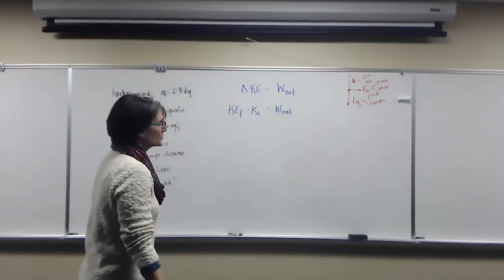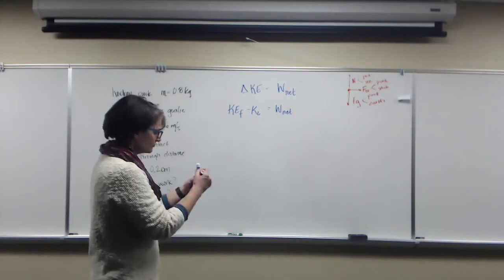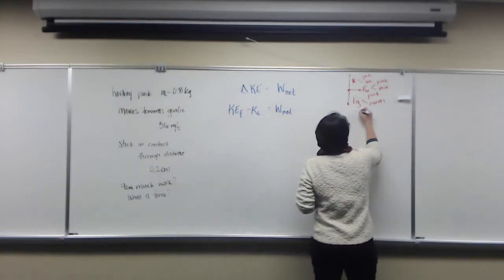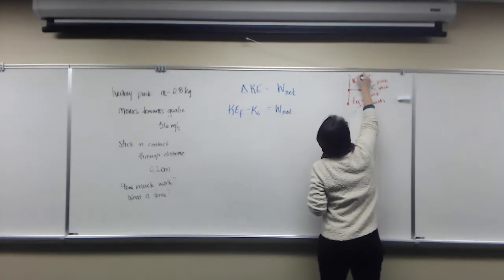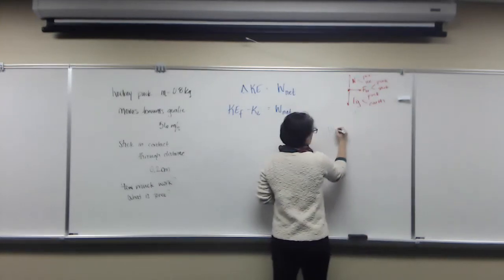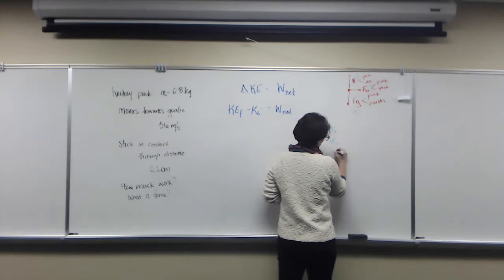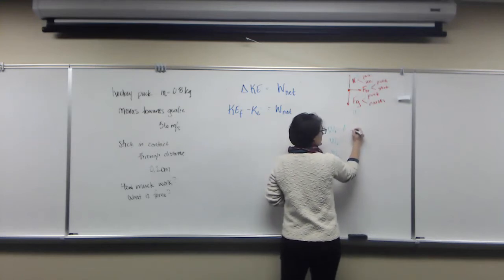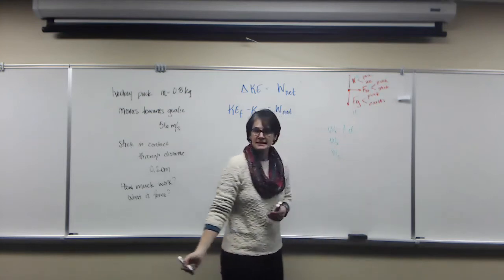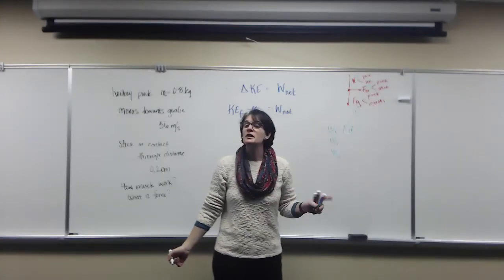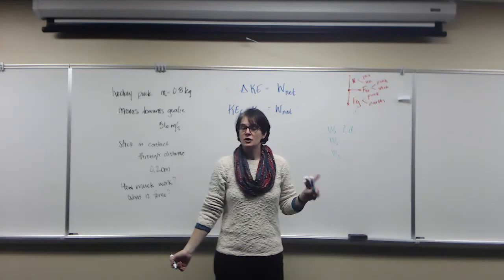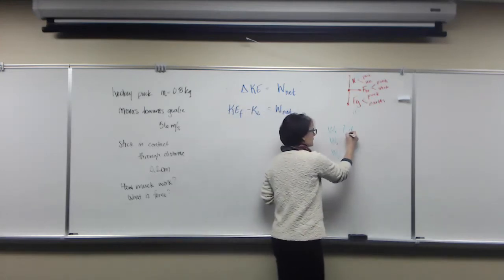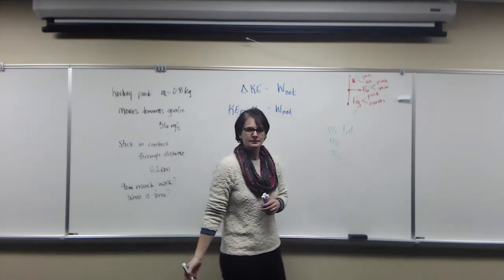All right, so there's our free body diagram. When we do that, we then identify that any one of these three forces could be doing work. And we know that work is the force times the distance in the direction of that force. So the force parallel to the distance.